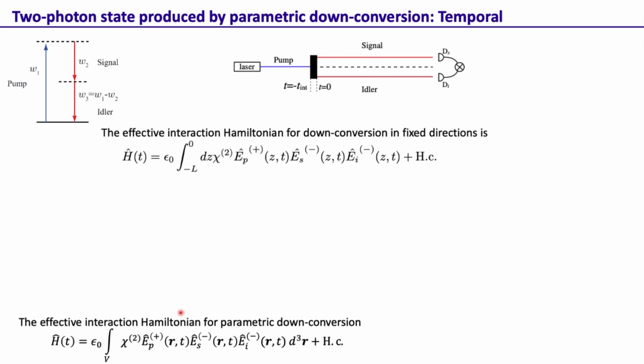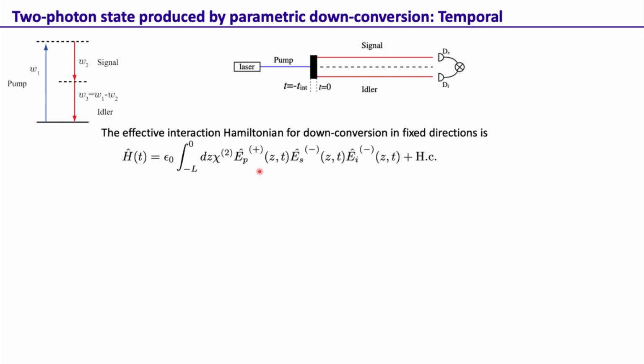With that, this effective interaction Hamiltonian can be written as this one-dimensional integral over z. When we do the generic problem, we will use this generic expression for the down conversion process in which the photons come out in fixed directions.